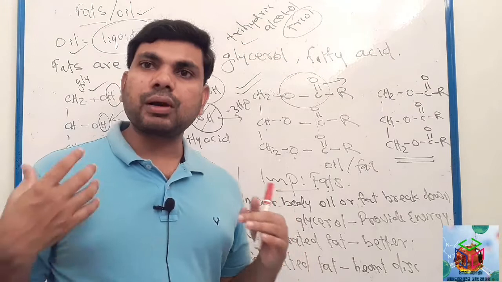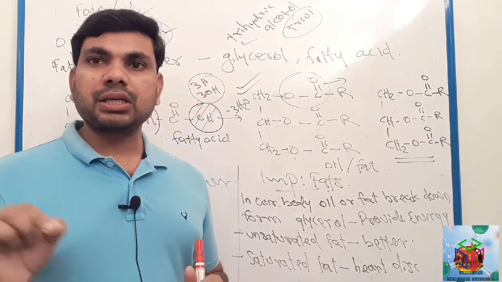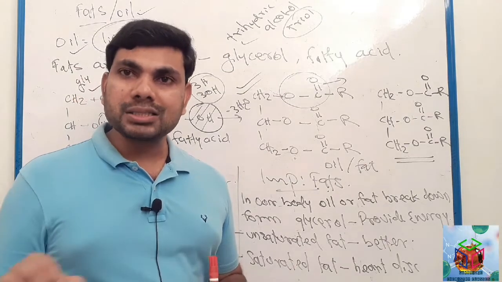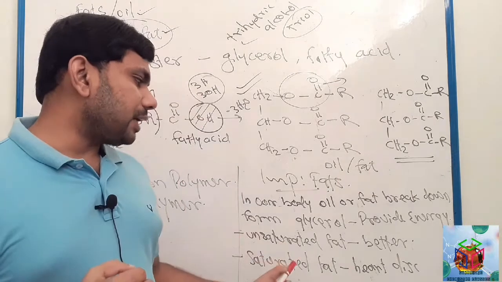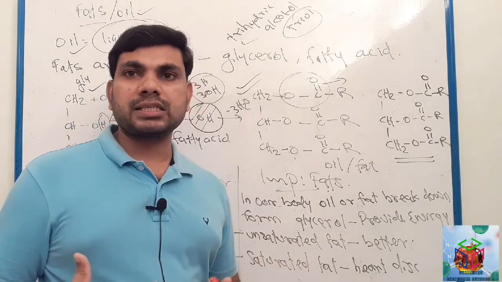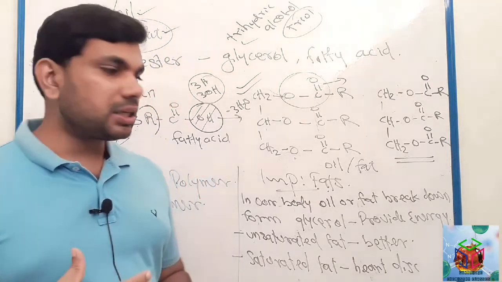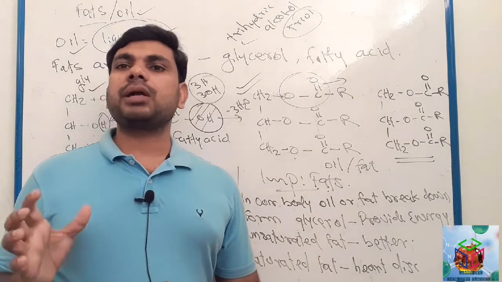Which one? Unsaturated fat, which contains carbon double bond. Saturated fat causes heart disease. So unsaturated fat is better than saturated fat.